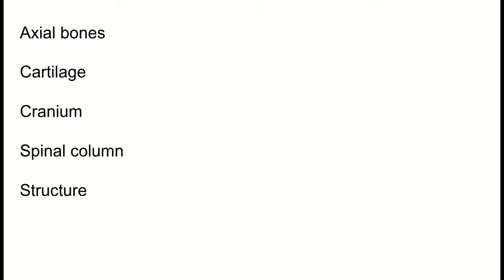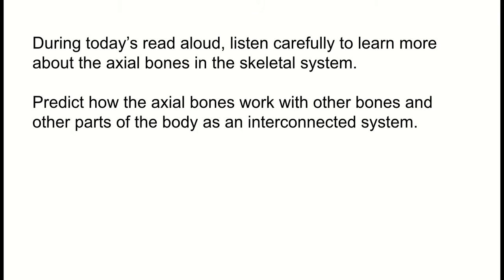The axial bones are located up and down the middle of the human body. So reach around your torso and your head and describe what you feel. Listen carefully to learn more about these axial bones in the skeletal system and even predict how the axial bones work with other bones and other parts of the body as an interconnected system.